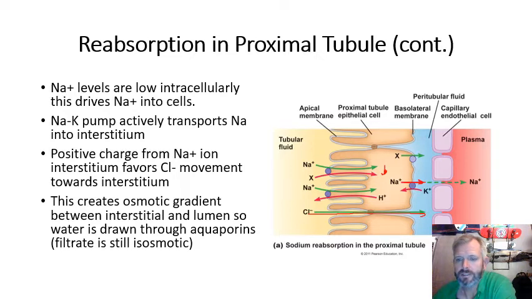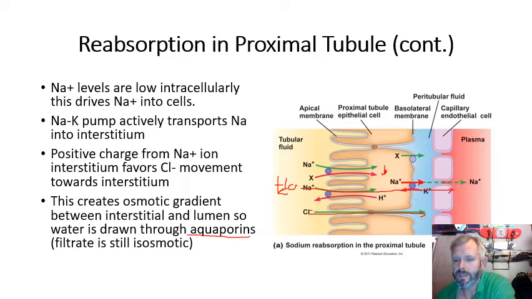Also, as sodium moves, okay, remember sodium is the most important osmotically active solute, and if these cells are permeable to water, which they are, they have aquaporins. So as the sodium moves, what's going to follow it? It's not shown here, but our H2O is also going to follow the sodium.